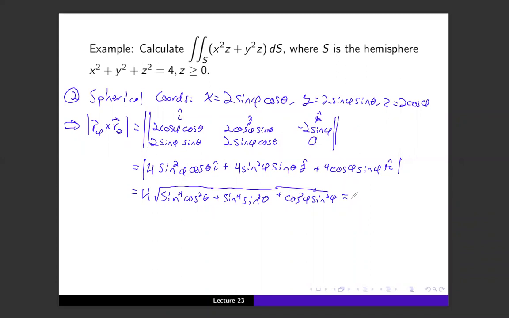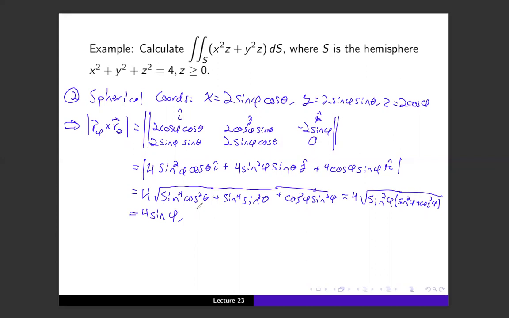Which comes out to 4 times sine squared phi times sine squared phi plus cosine squared phi, or 4 times sine phi.